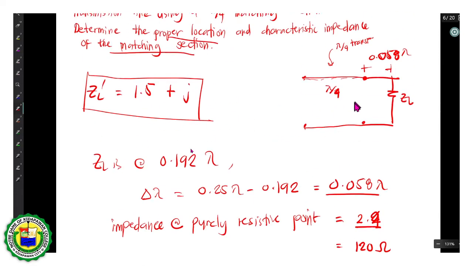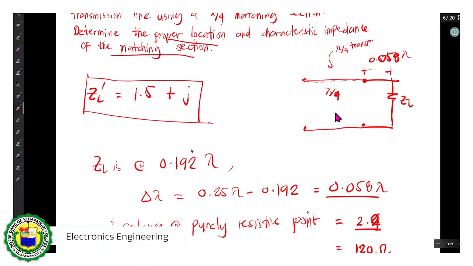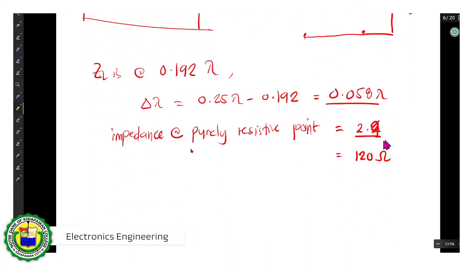In order to solve for the impedance of the quarter wave transformer, we just need to make use of this value.